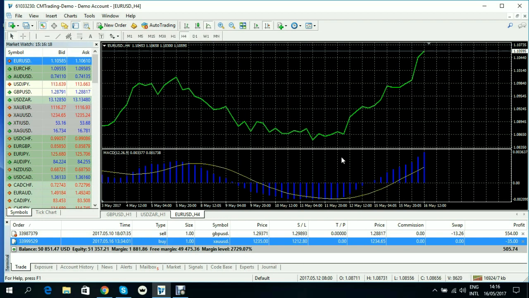Now let's talk a little bit more about MACD. MACD is an indicator that is also important to us traders, and we use MACD to identify moving averages that are indicating a new trend, be it bullish, that is a buy trend, or bearish, that is a sell trend.